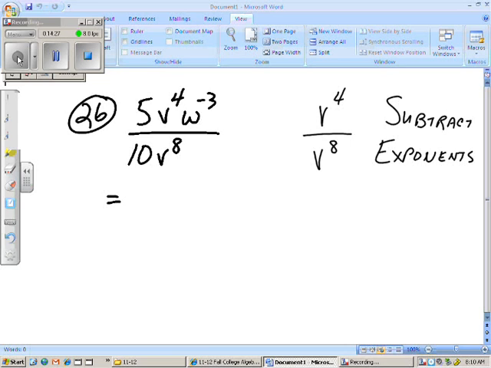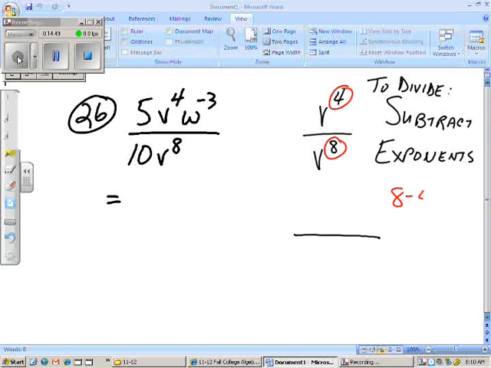When you're dividing, let's put our answer, our fraction bar for our answer. When you're dividing, we're going to subtract the exponents. I'm going to start with the bigger one, 8. And I'm going to subtract the 4. And I'm going to go, okay, 8 minus 4 is 4. So I know the exponent on my b is going to be 4.